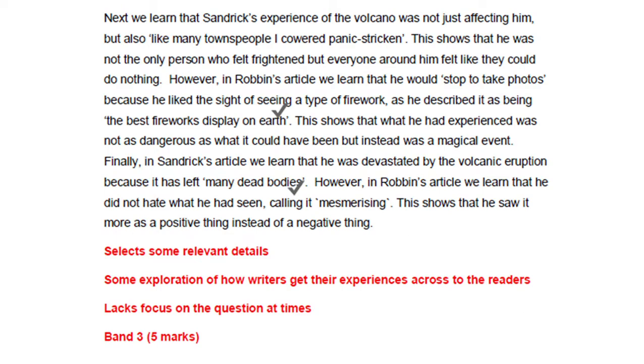We're not saying things like, however, in Robbins' article, he uses language such as mesmerizing to suggest he was captivated by this event and his experience was really magical. However, Sandrick uses very blunt vocabulary, many dead bodies, to convey the horror he saw. So you can see the difference in the way it's expressed and the way it's focused. And that's what's prevented it from getting out of band 3.